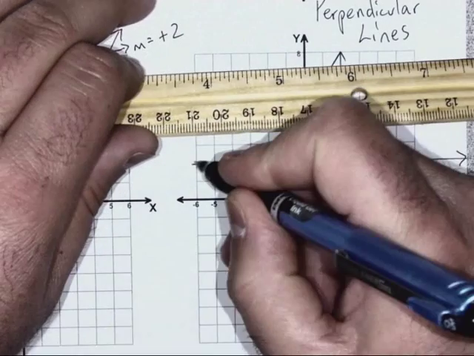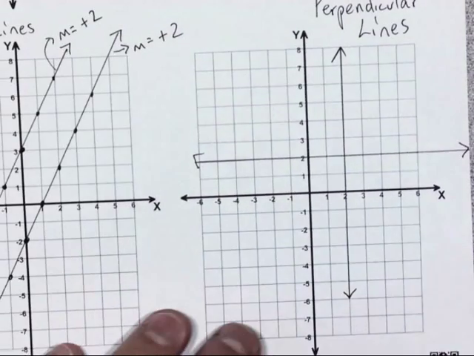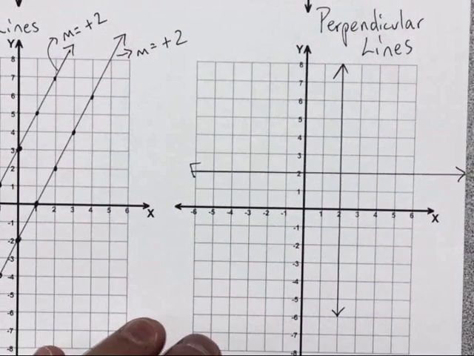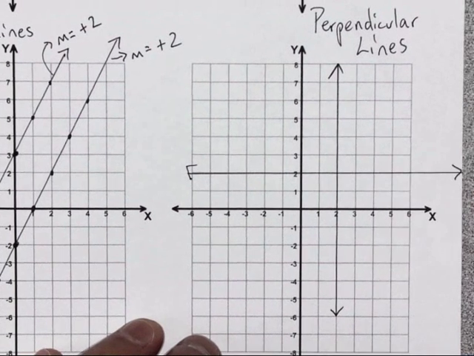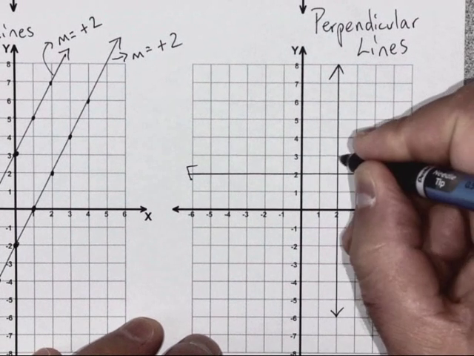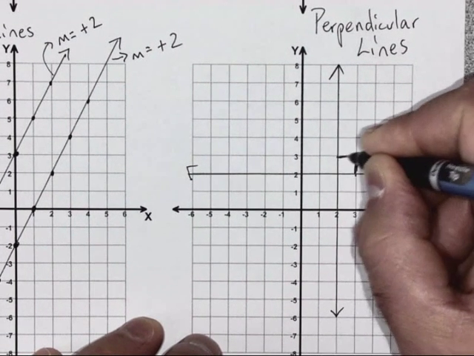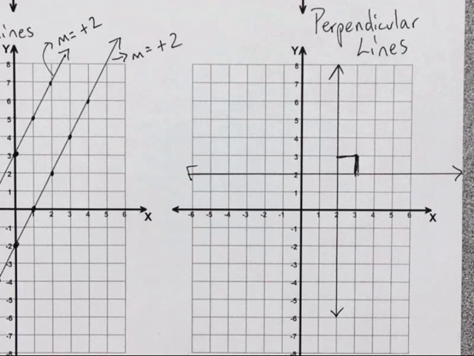Right, those two lines intersect to form a right angle. So you can kind of think of a four-way intersection on a road, right? Two lines intersect to form a perpendicular or right angle.